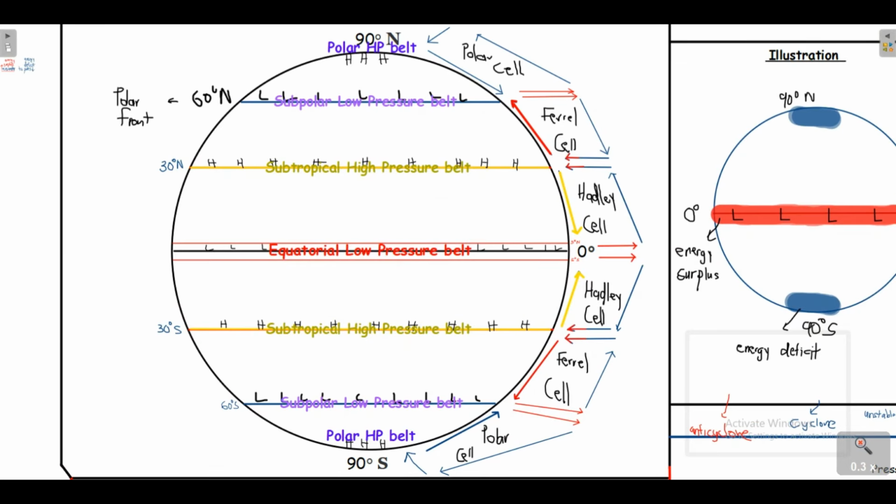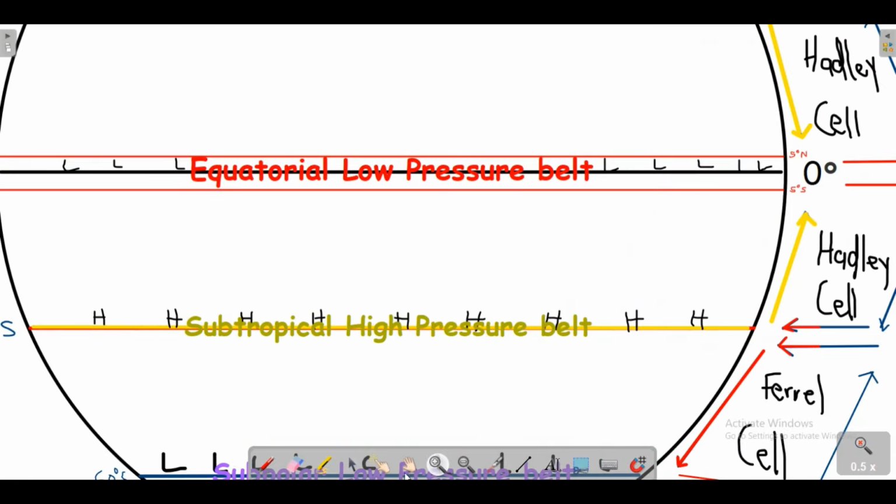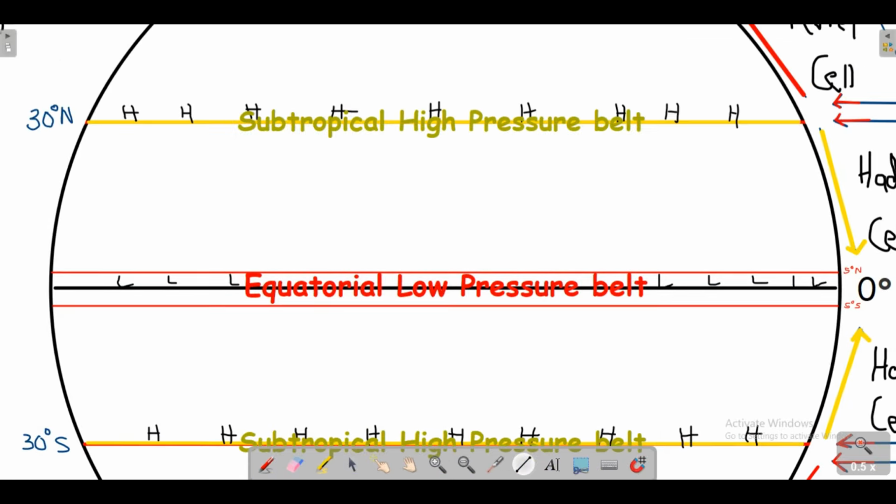So now at 30 degrees, you're going to note that we have an area of high pressure over here, at 30 degrees at the subtropics. And I'm sure you and I both agree that air will move from an area of high pressure to an area of low pressure. So air will move from 30 degrees towards 0 degrees. Air will move like that.